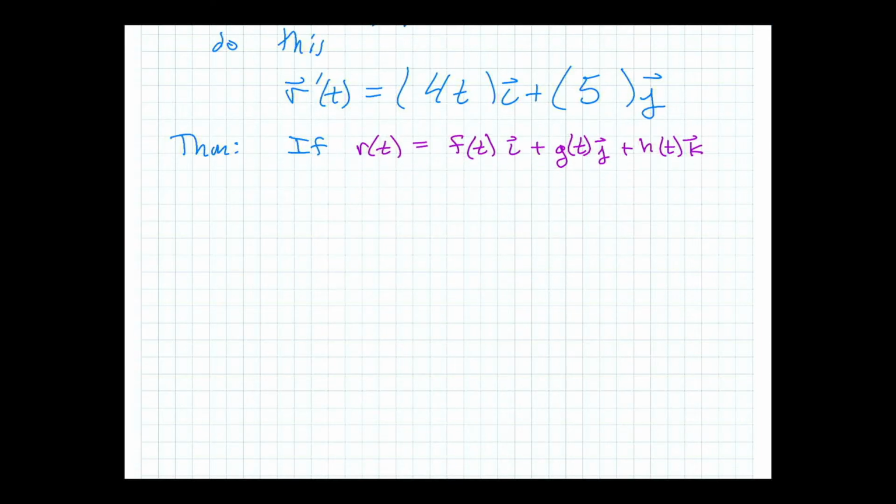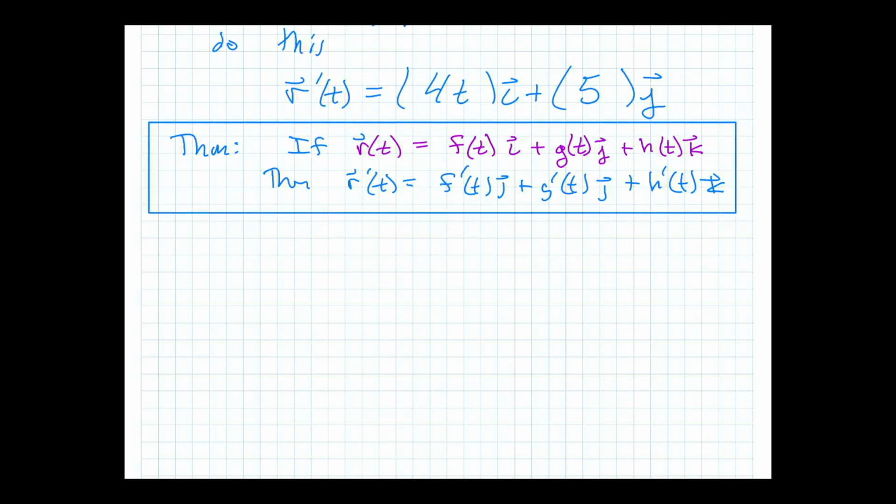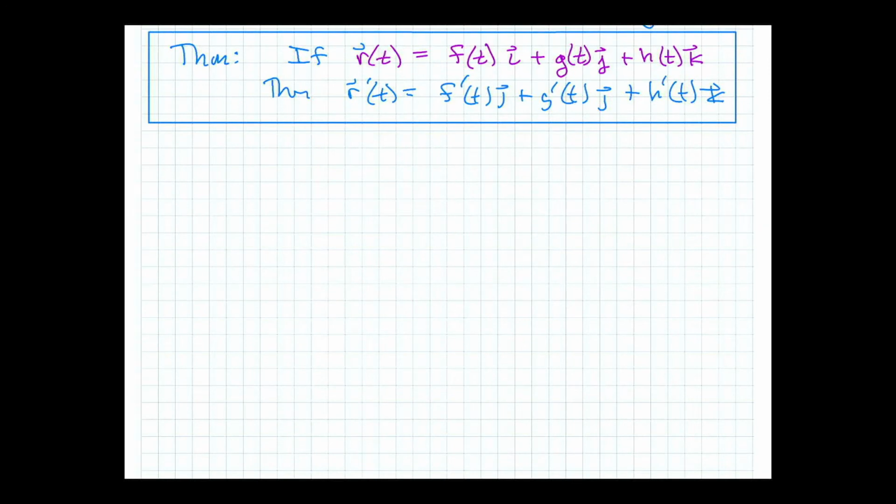So if that's your r, then r prime of t is f prime of t i plus g prime of t j plus h prime of t k. So that's what it boils down to, and that's from what we just did. I wrote out the limit anyway, and there you go. So that's how you do derivatives. Again, if there's no third component, then there's no third component.